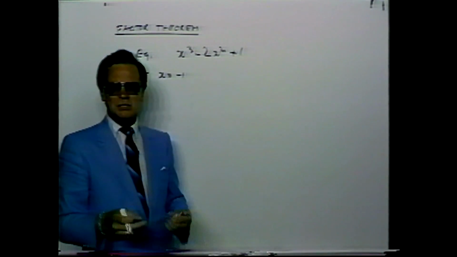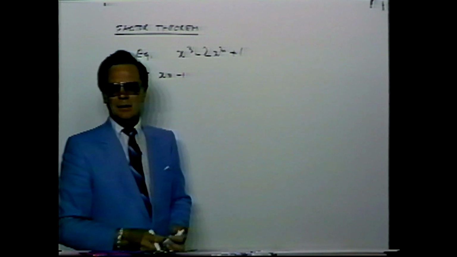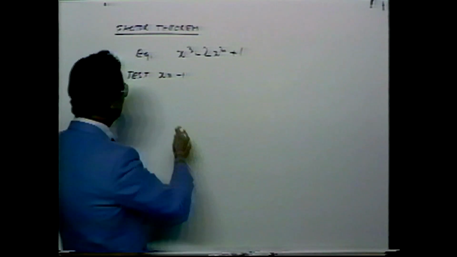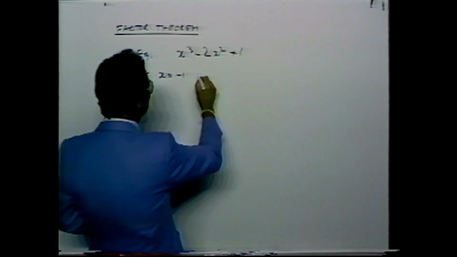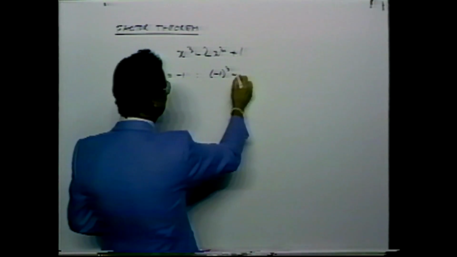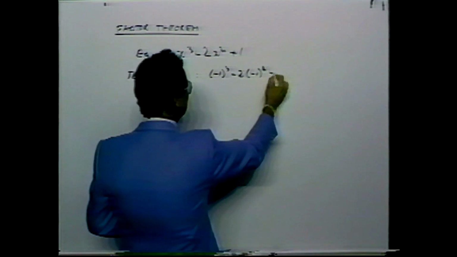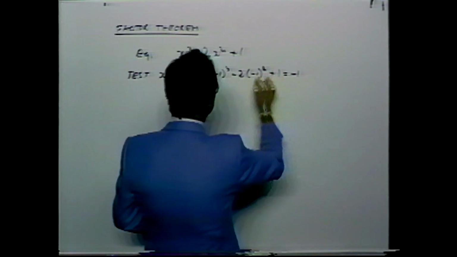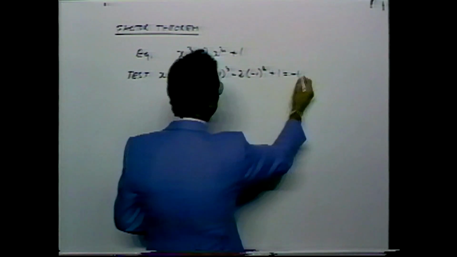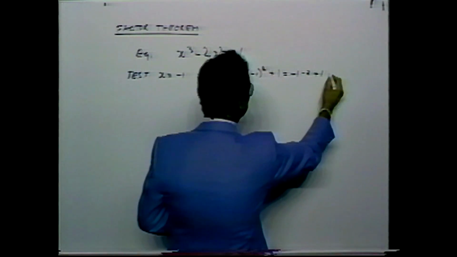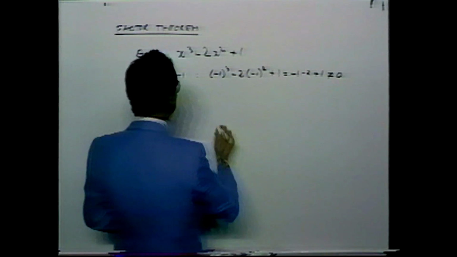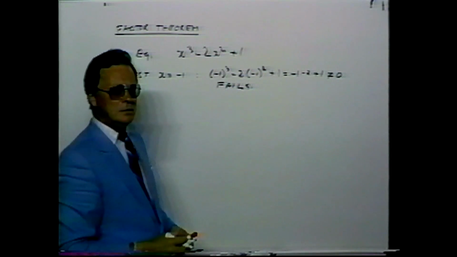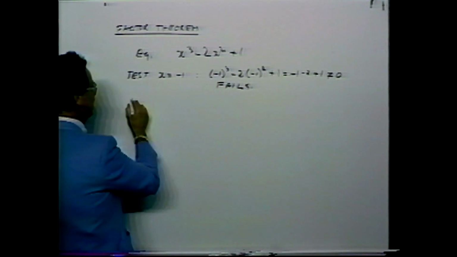You see, that's the same as saying let x equal to p in the theorem that I described earlier. When x is equal to minus 1, the result is minus 1 cubed minus 2 times minus 1 squared plus 1. The amount is negative 1, negative 2, plus 1, and that does not equal to 0. So the test fails.